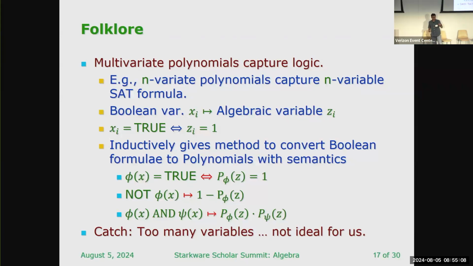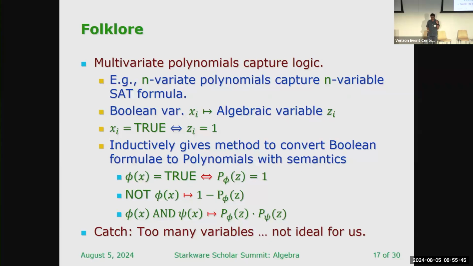So it's kind of simple: logical variables which have values true or false can be associated with algebraic variables which take values 0 or 1, and then this captures negation and Boolean logic, or and and, pretty naturally, and using all this you can come up with polynomials which capture all the things that we want to do. This is not great for us because these tend to be polynomials involving many variables. We don't like that.